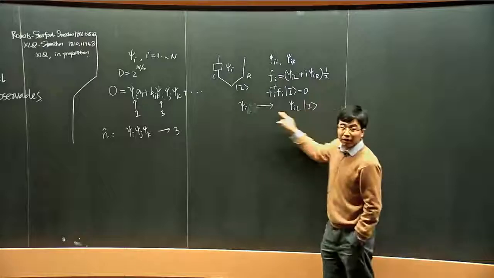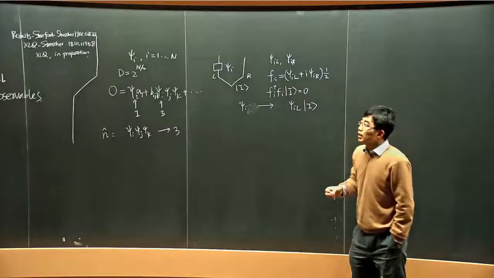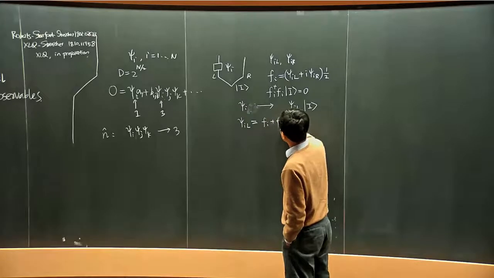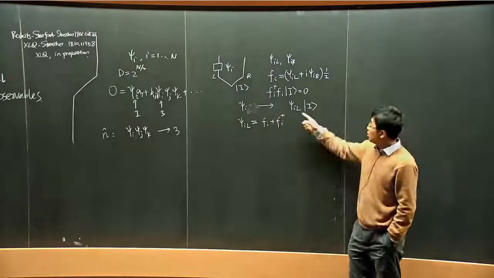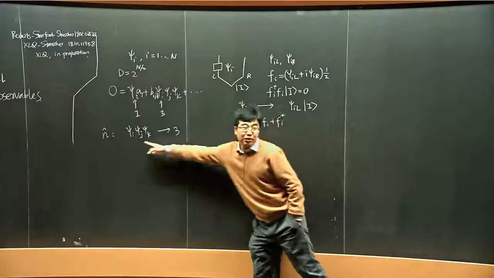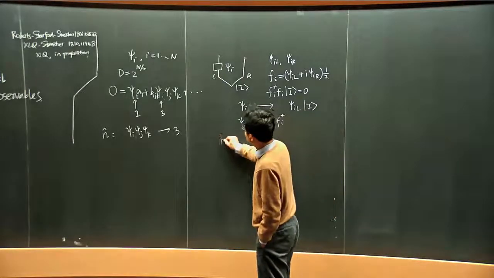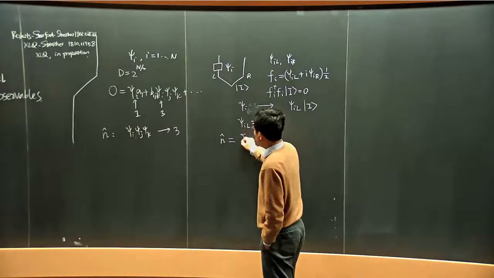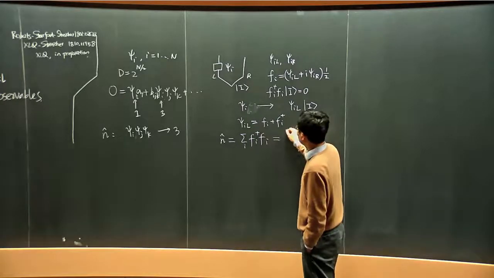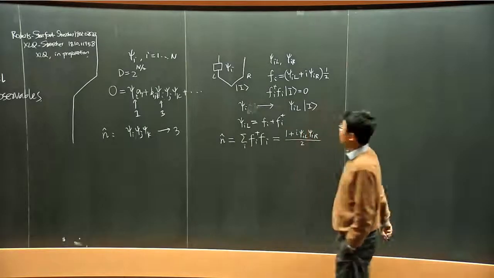So an identity operator is mapped to the state I, and the other operators map to the operator x acting on I. Because psi_i left is simply f plus f dagger, whenever you apply psi to the vacuum, you just create a fermion. You apply another one, you create another fermion. So this n is actually just the fermion number operator. So the size operator in the doubled Hilbert space is simply the fermion number, which you can also write as something like that.